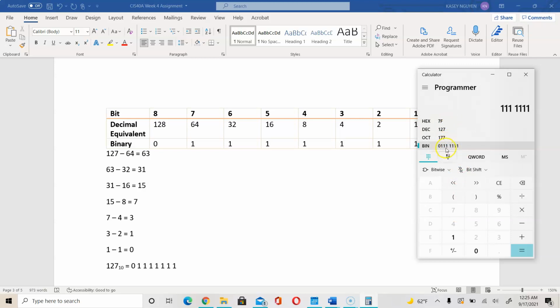As you can see, our answer matches. The output here doesn't show the 0, but you can see that it shows the same there. So you can use your programmer calculator to check your answer.